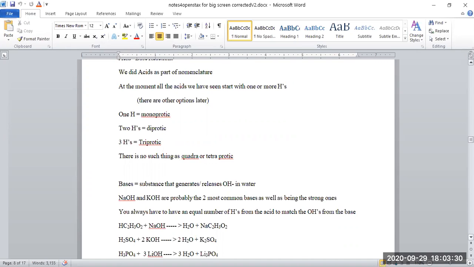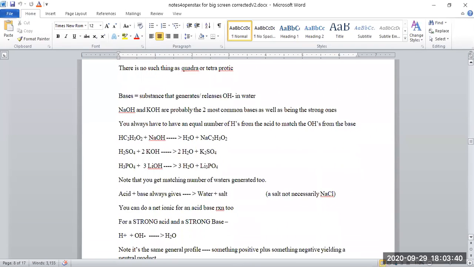So that's why they all kind of say in water. The two that you see the most often are sodium hydroxide and potassium hydroxide. Sodium hydroxide is the main component of drain cleaner, aka Drano. Potassium hydroxide is the main component of oven cleaner.